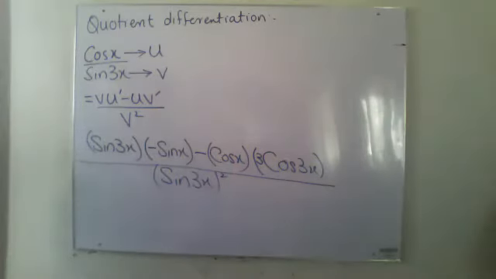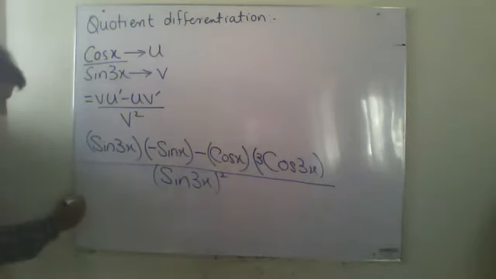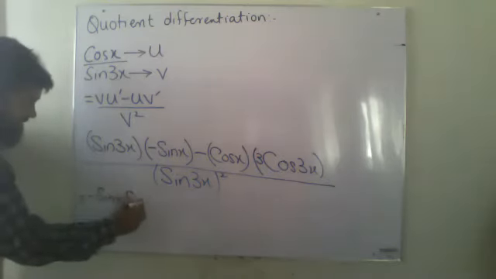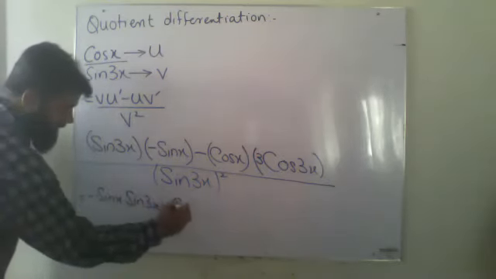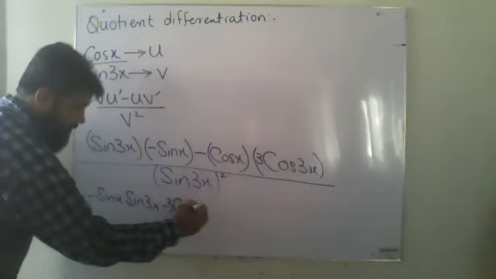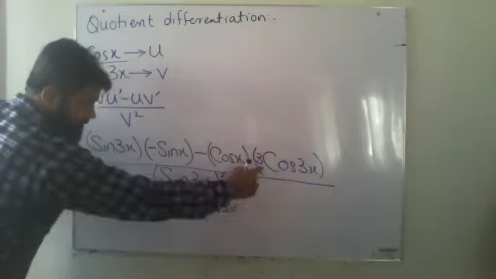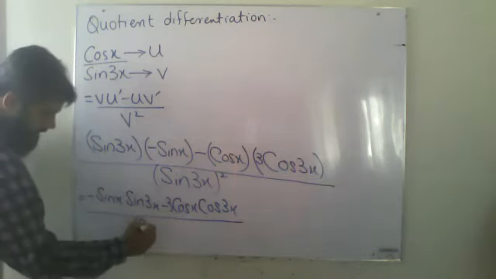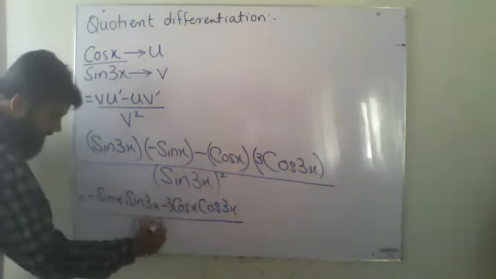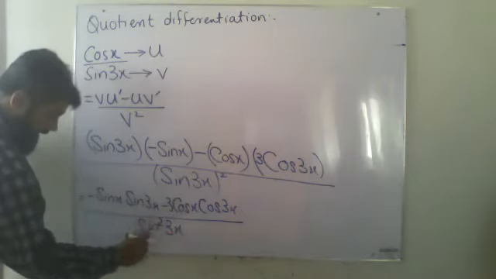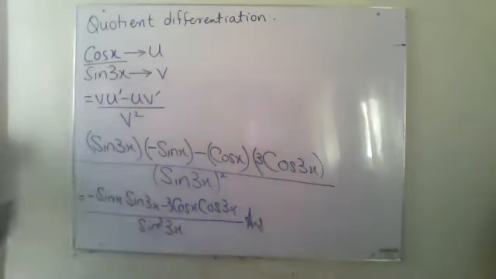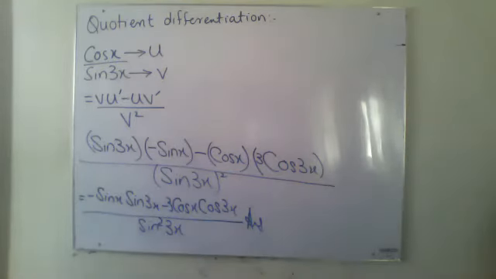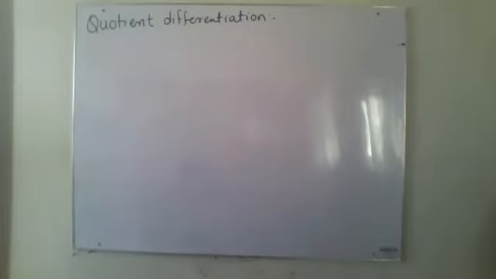Okay, so when I simplify, my final answer will be minus sine x sine 3x minus cos x cos 3x, with 3 written over here, over sine square 3x, and this is your final answer. If you want to take minus common, you can take it out. It's your choice.